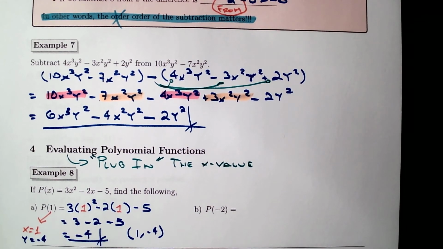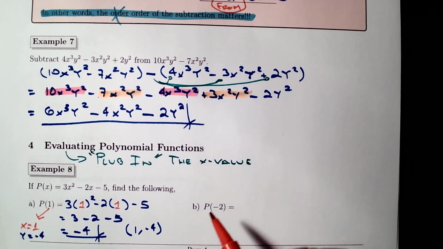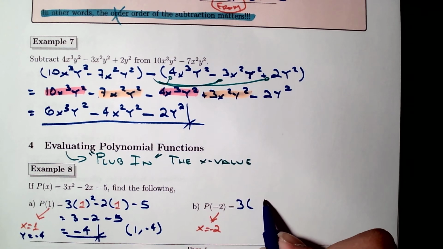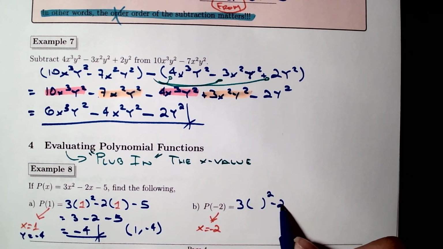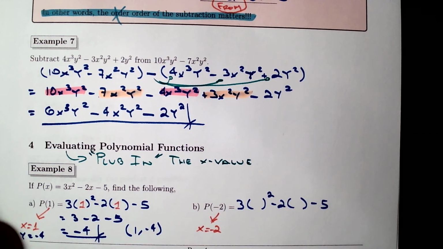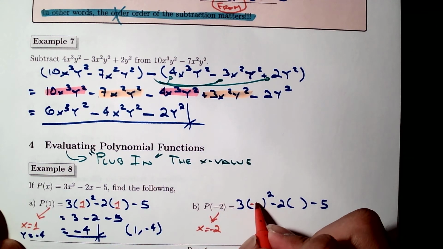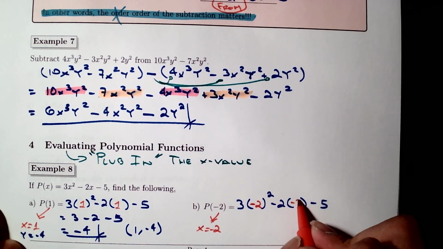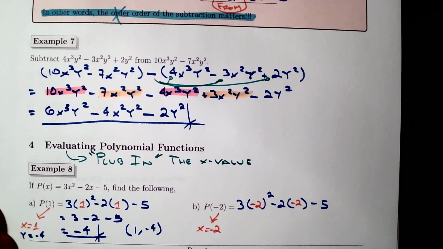Let's do letter B. So for letter B, what do we have? We have that x equals negative 2, and we're going to have 3 times quantity squared minus 2 times quantity minus 5. And we're going to plug in the number negative 2. So let's evaluate this separately.